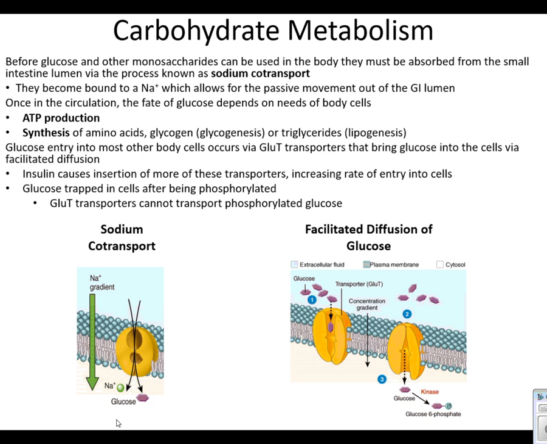Our fourth definition is something that we've seen before and we'll see again, and that is gluconeogenesis, which is glucose formation from non-carb sources. Things like amino acids and fats.